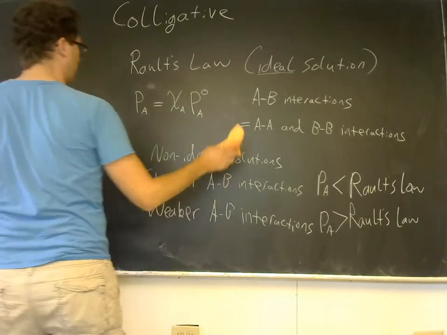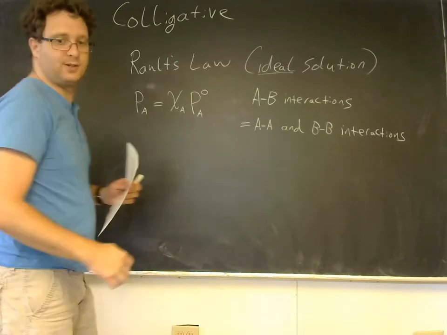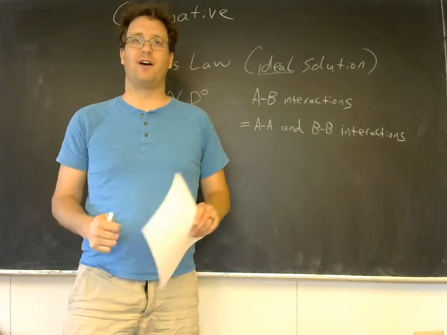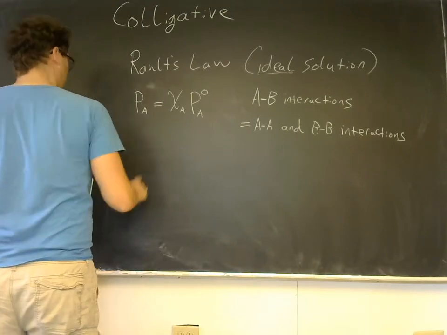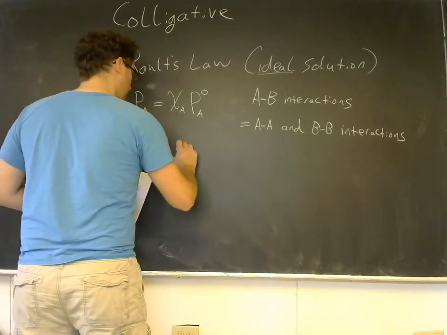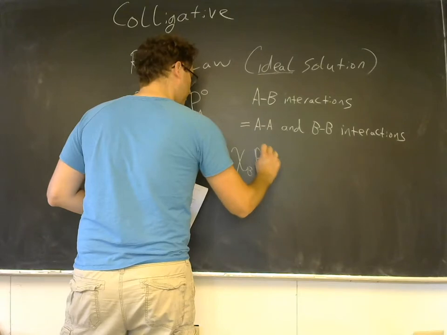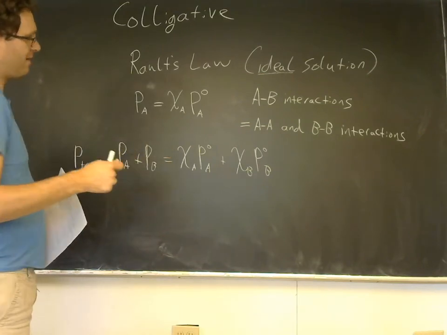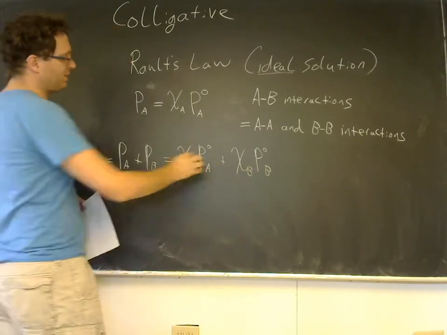Now, one last thing. I'll go ahead and erase the non-ideal solutions part here. If you have two components of a mixture that are both volatile, like say I mix water and ethanol, both of which have vapor pressures, then we can say that the total pressure is going to equal the pressure of A and the pressure of B. And so that is going to equal chi A P naught A plus chi B P naught B. Now, as a result of this, if you have a mixture of two volatile substances, they will have different pure substance vapor pressures, and they will have different mole fractions.